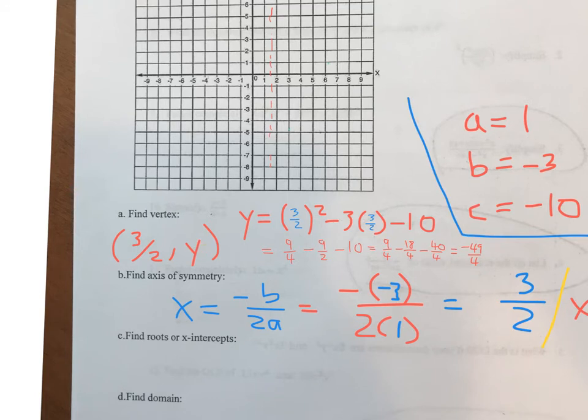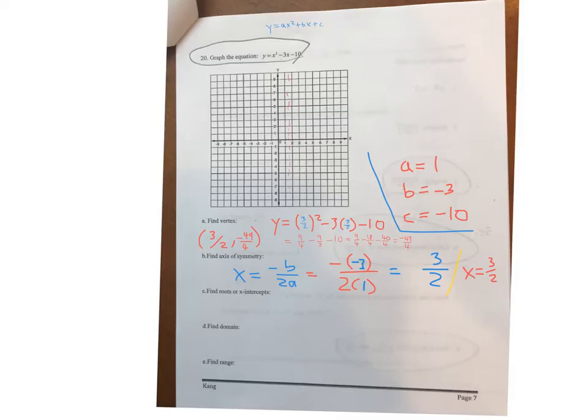It's -49 over 4. If I was the teacher, I would not have a problem with the student literally just writing that, -49 over 4. Again, that's like -12 point something, so that's down here or something. And by the way, it's a little bit annoying because the teacher did not give us enough room to graph that vertex, but it's down here somewhere.